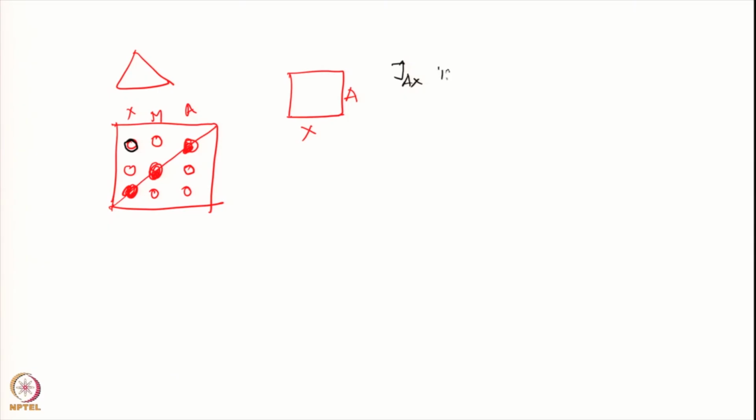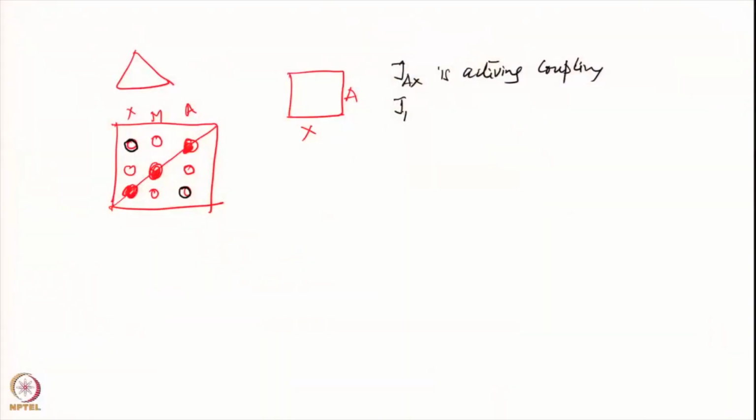JAX is the active coupling, because this cross peak is arising as a result of coupling between A and X. This is the same here. Okay. And the X is also coupled to M. So the X multiplet will have the A coupling and also the M coupling, and JMX is the passive coupling.